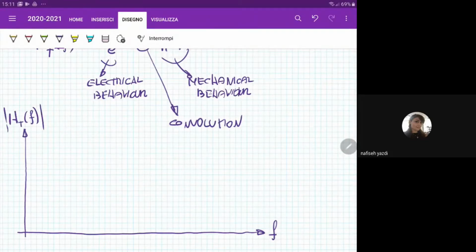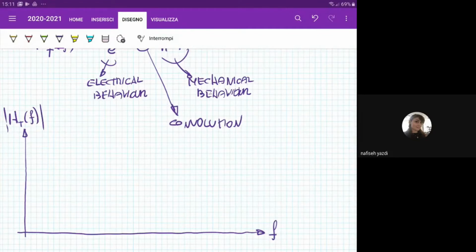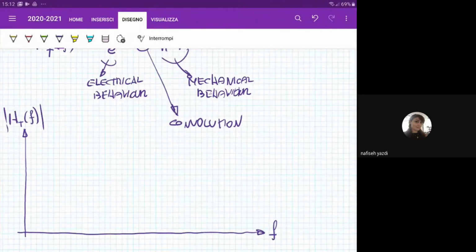So, a question for you, according to what we already discussed: what is the overall transfer function when the frequency is very, very, very low? Remember what we said?